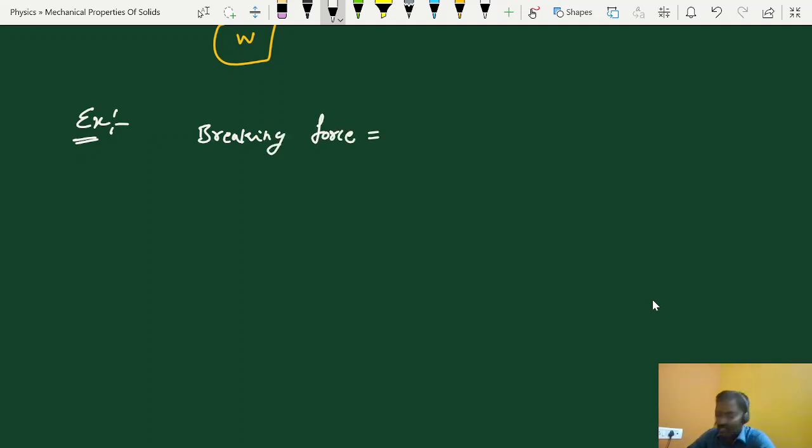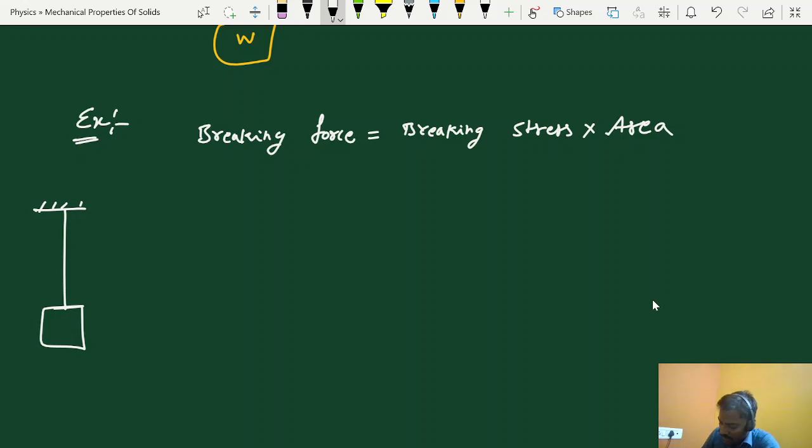Here itself, they may ask you to calculate the maximum length of the wire for which the breaking stress acts on a body. Just now I have given that breaking force is equal to breaking stress into area. Suppose the wire is connected to the ceiling, and this is the load, that is weight mg.